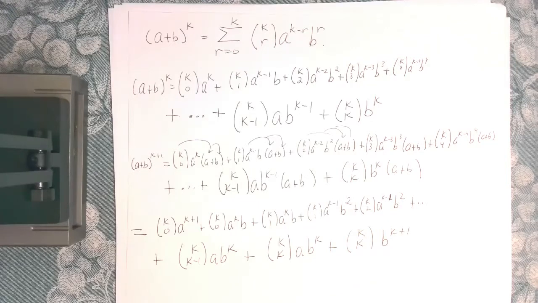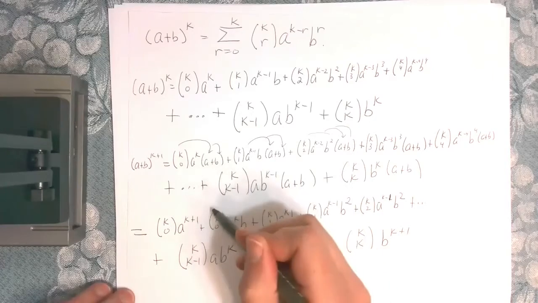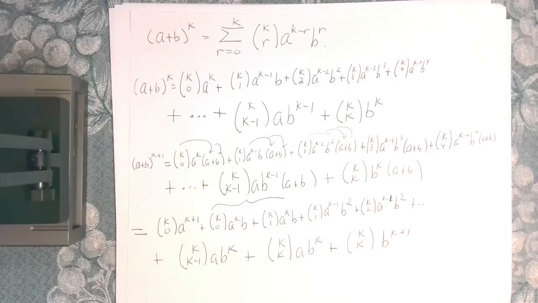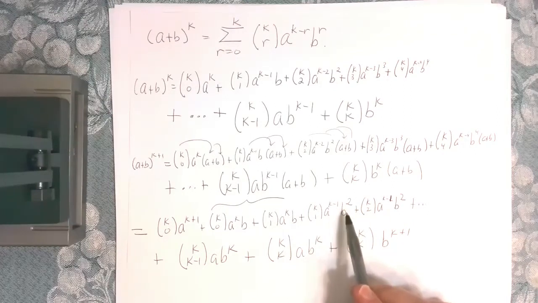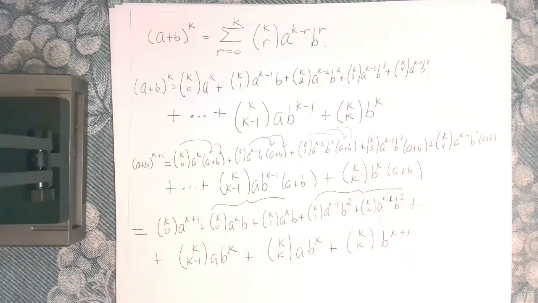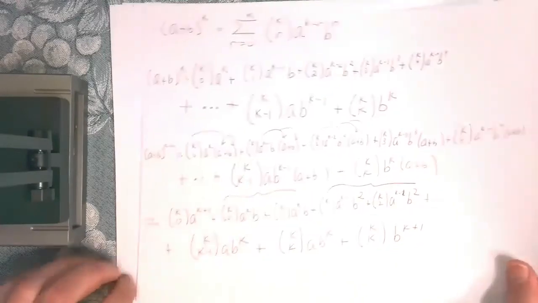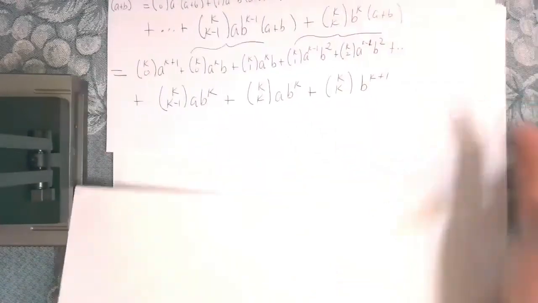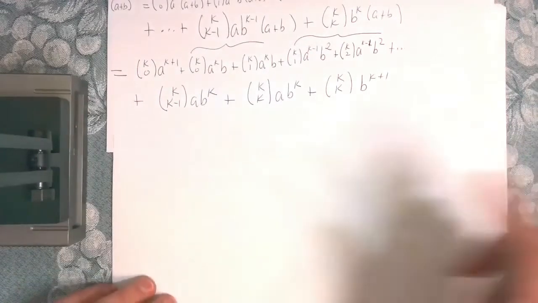And so exactly at this point, I want to look for terms where I can do some factoring. Do you notice that this has an a to the k b, and so does this? It'd probably be smart to group these together and then factor. Same idea here, right? A to the k minus 1 b squared, a to the k minus 1 b squared. These go together. Okay, so let's go ahead and factor.